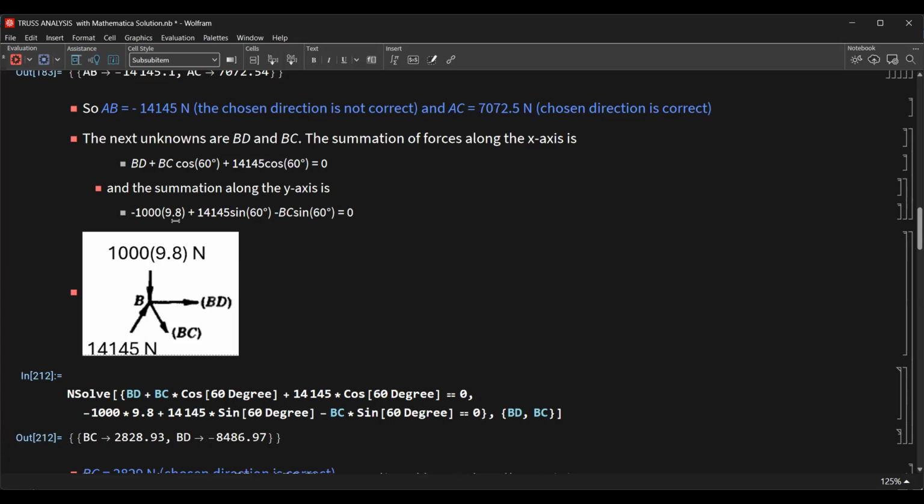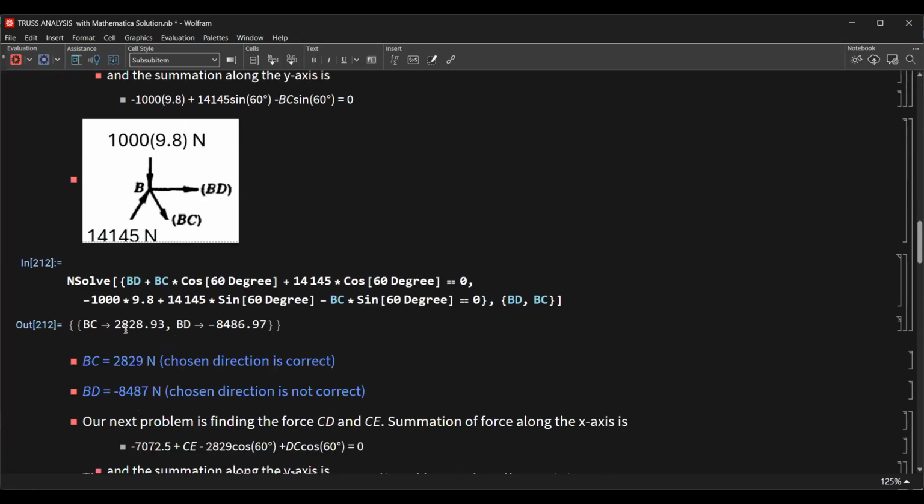And the summation along the y-axis is negative 1,000 times 9.8 plus the y component of 14,145 and the y component of the BC here. This is negative. So we have BC using Mathematica to solve here.